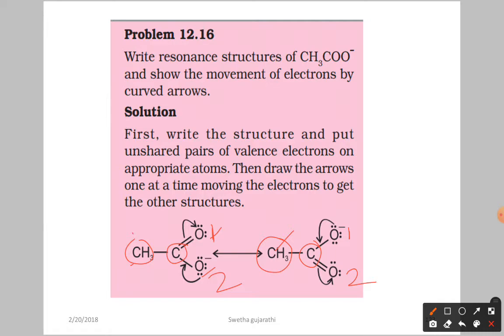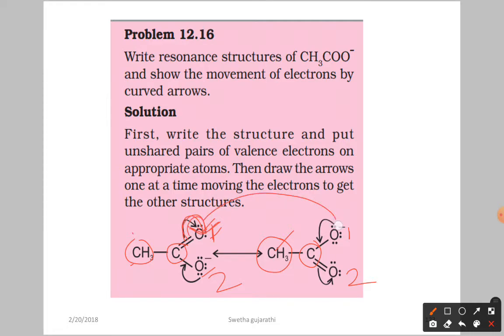Now already we discussed three movements. In the first video itself there are three ways of movement of electrons in organic reactions. Now here, this is case one, the pi bond is shifted to the adjacent atom. Once it's shifted to the adjacent atom, you are going to get a pair of electrons. Why? Because one bond means a pair of electrons.